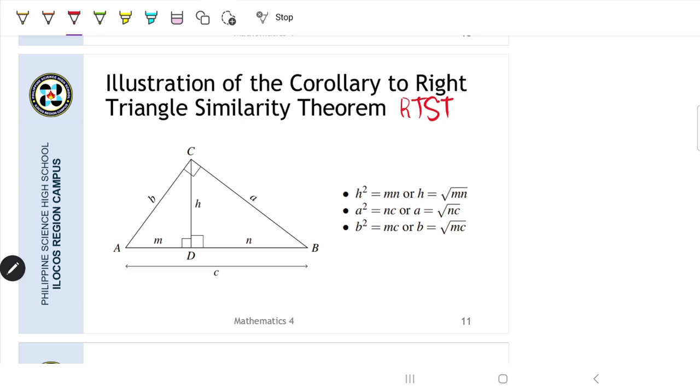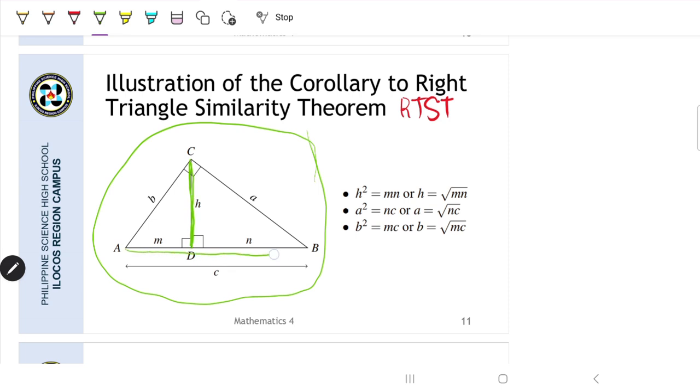So we have here another version of the three similar right triangles. No? So this time, the following segments are labeled as A, B, H, M, N, and C. So H is your altitude to the hypotenuse C. And H, ang sabi sa corollary kanina, H is the geometric mean between the two segments which form your hypotenuse.